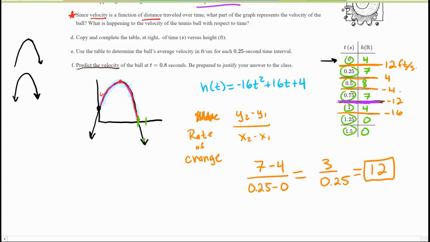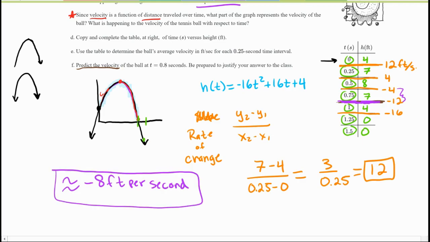So I'm going to say it's going to be between these two numbers. You could do more math-intensive work, or I'm just going to estimate. If it's between negative 4 and negative 12, I'm going to say for part f it's about negative 8-ish feet per second. And again, that's just an estimation.